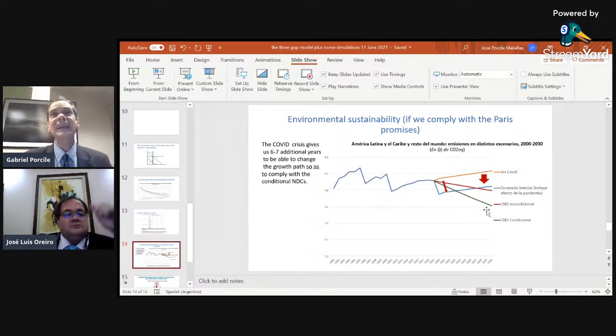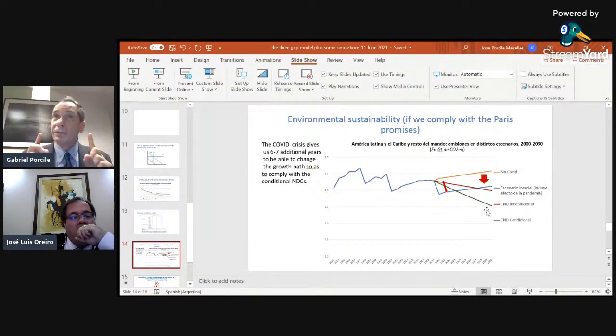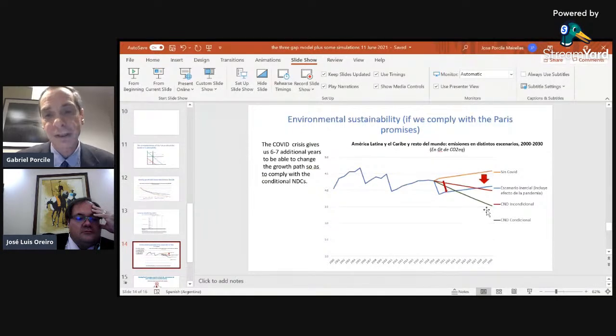Given the balance of payments constraint, the economic complexity of our economy and the pattern of specialization, we can grow at about, say, 2%. And if we want to be faithful to what we promised in Paris, then we cannot grow at a higher rate than 1.2% if we don't change the energy matrix and the type of technology we use in production in the direction of sustainability.